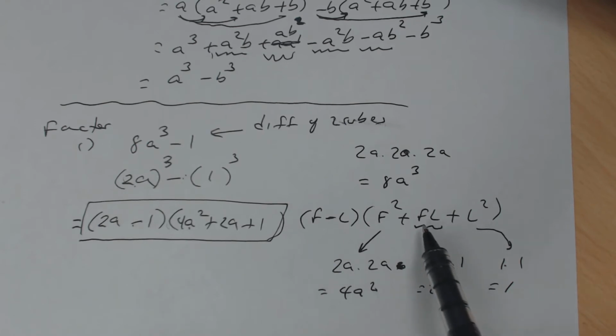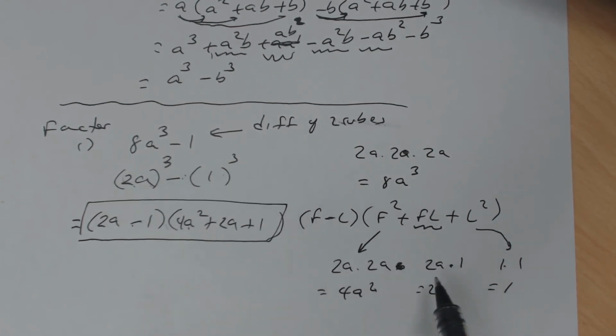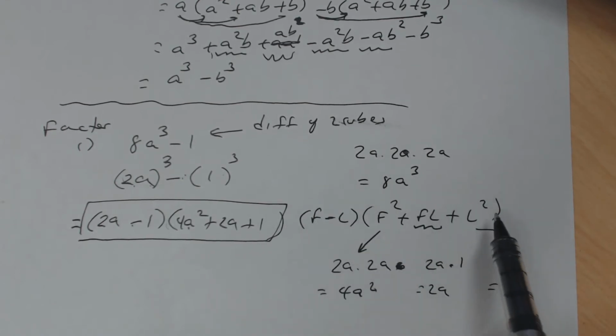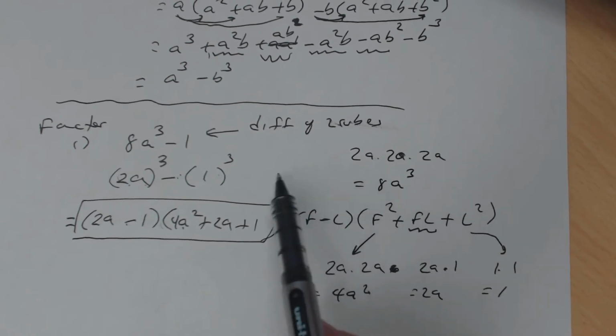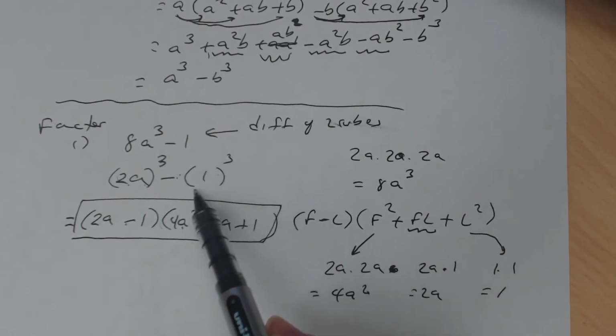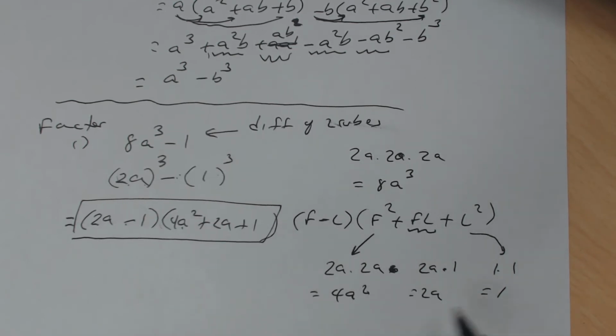Then the second term of that trinomial says I multiply the first and the last, so 2a and 1, and I get 2a, so that's plus 2a. And then the last term of that trinomial says I square that last term that's inside that parentheses, 1, and I got 1 times 1 is 1.